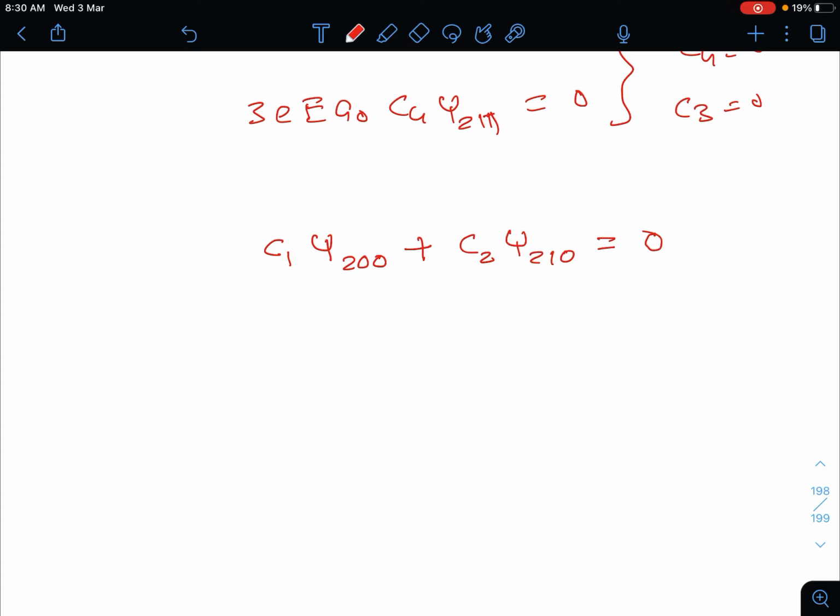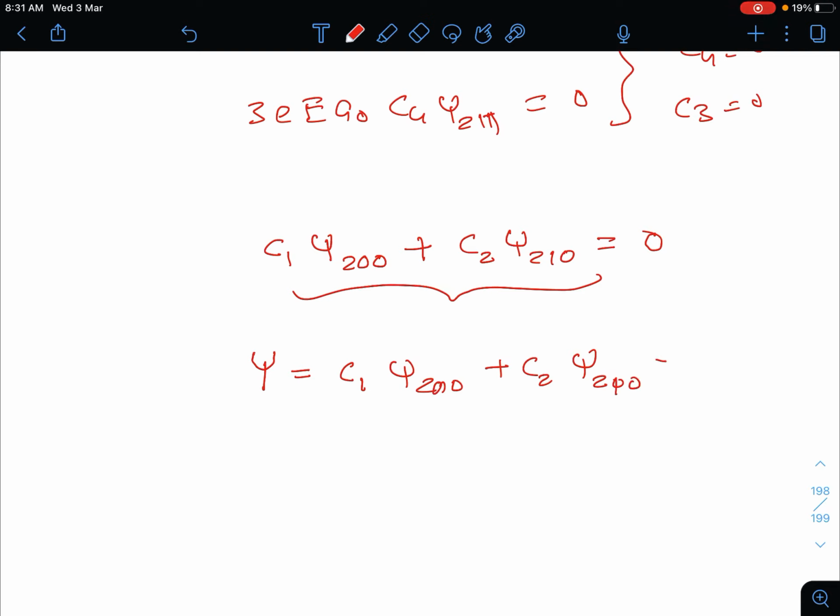So this is a combination. Now we can write psi to be a combination of this, C1 psi 200 plus C2 psi 210.